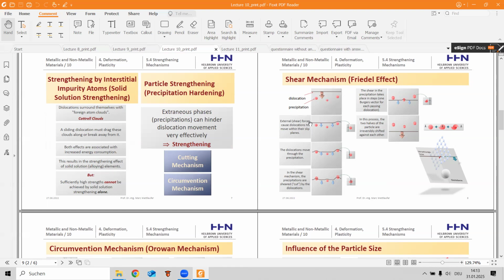This causes the dislocation to move along the slip planes. The dislocation moves through the precipitation. In the shear mechanism, precipitations are sheared or cut by the dislocation. The shear in the precipitation takes place in steps, one Burgers vector for each passing dislocation. In this process, two halves of the particle are shifted against each other.